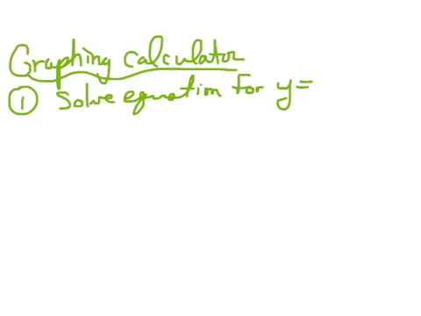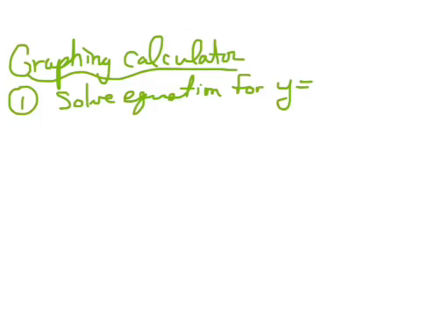Now the reason why we do that is because in the graphing calculator, especially the Texas Instruments calculators that we use, in order to insert graphs into that, it needs to be in y equals format. Up in the upper left hand corner there's a button that says y equals, and then that's where we type it in at.